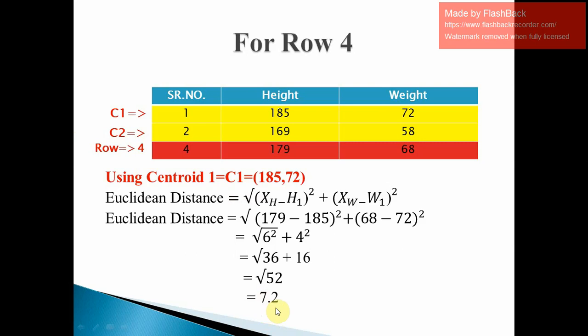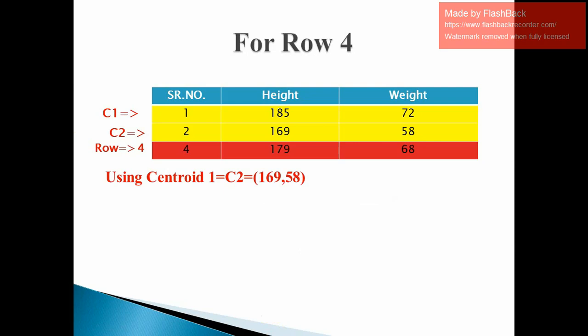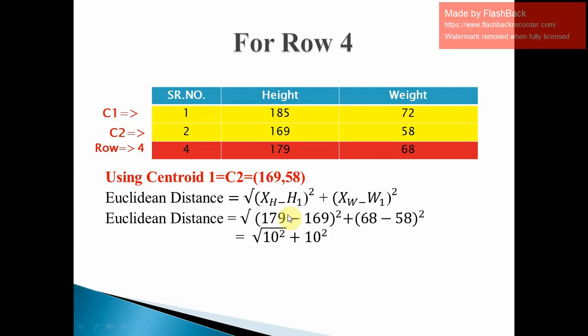Again we are calculating the Euclidean distance for row 4 using our second centroid, that is C2, 169 comma 58. Using the same Euclidean distance formula, putting the values in it, we get the square root of 200, which is 14.14. This is the value we calculated for row 4 using the centroid C2.